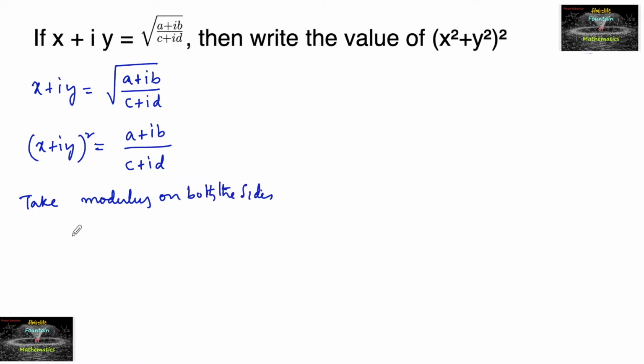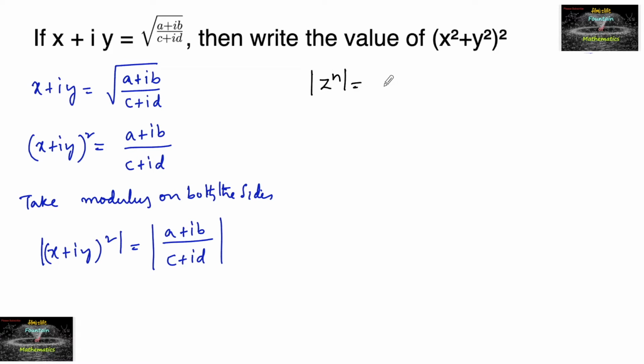Taking modulus on both the sides, we have modulus of (x plus iy) whole square is equal to modulus of (a plus ib) upon (c plus id). We had the property modulus of z power n is equal to mod z whole power n.